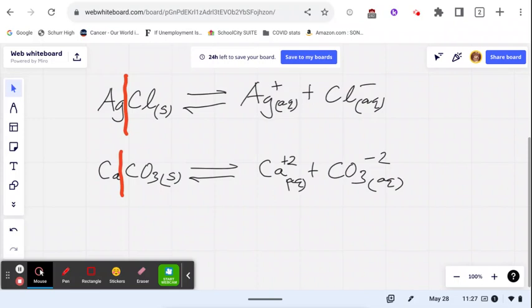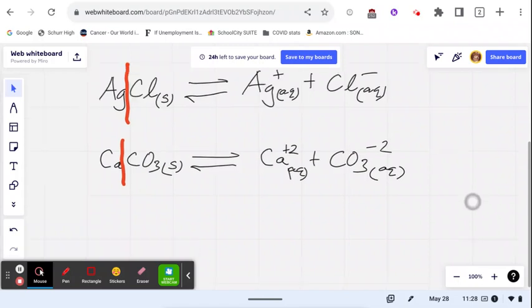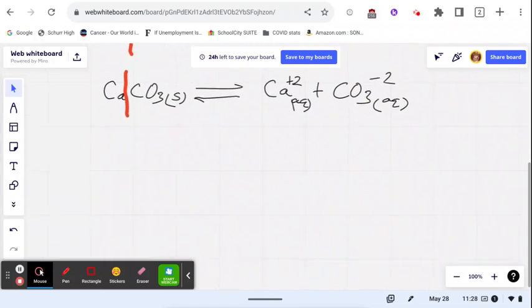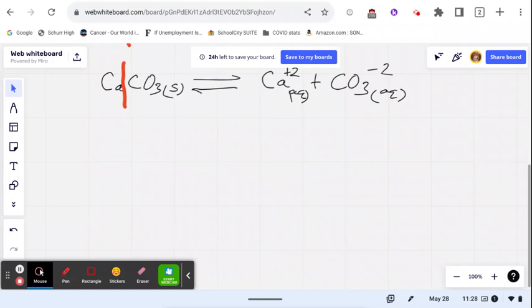Calcium carbonate had a polyatomic ion, so it's calcium ion and carbonate ion, but they still just broke up into two ions that canceled each other out. Sometimes we get two of one and one of the other, or three of one and two of the other. Let's see what we do when that happens.